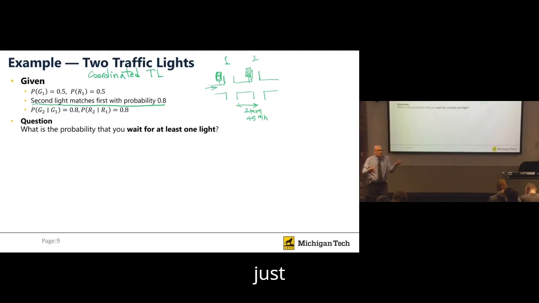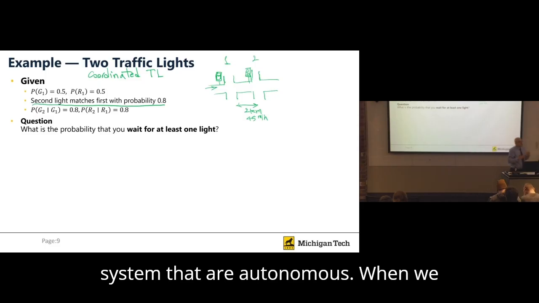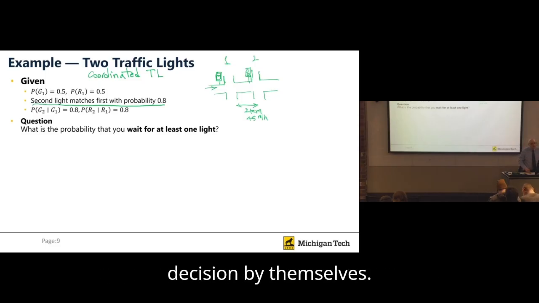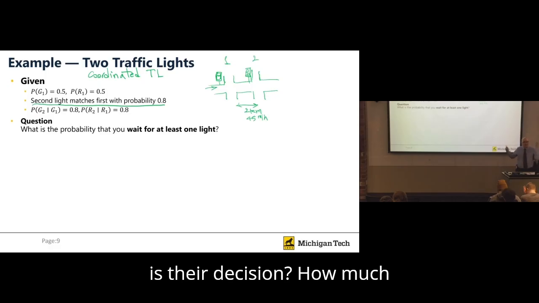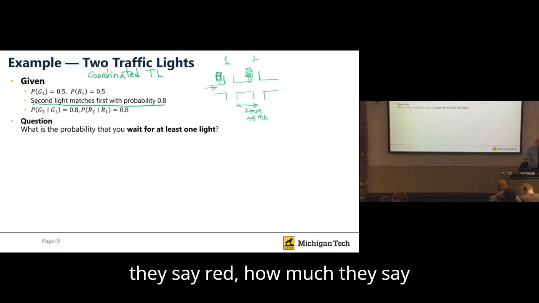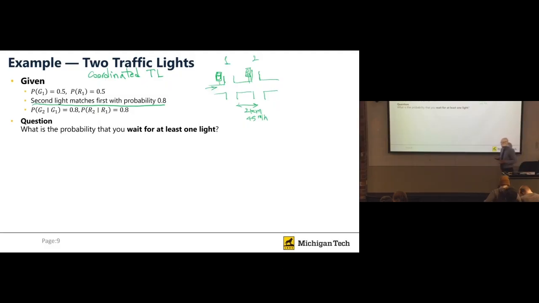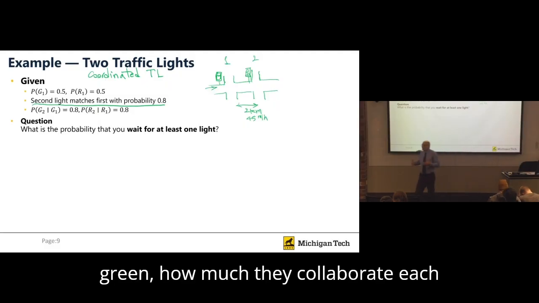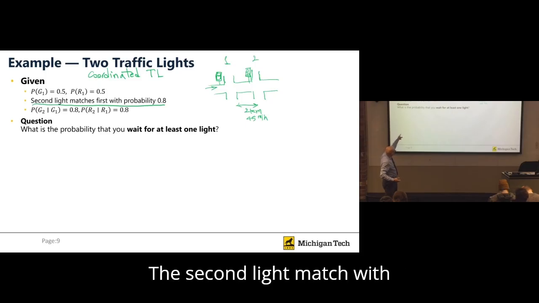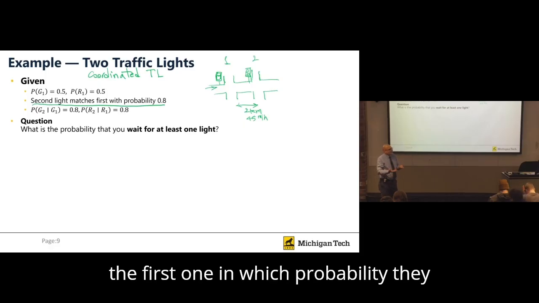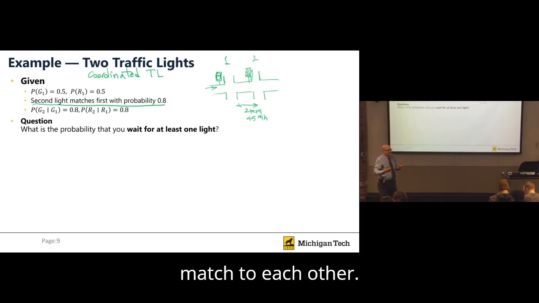These agents are just systems that are autonomous. When we call it autonomous, it means they make decisions by themselves. What is their decision? How long they stay red, how long they stay green, how much they collaborate with each other to find these probabilities. The second light matches the first one, with which probability they match each other.